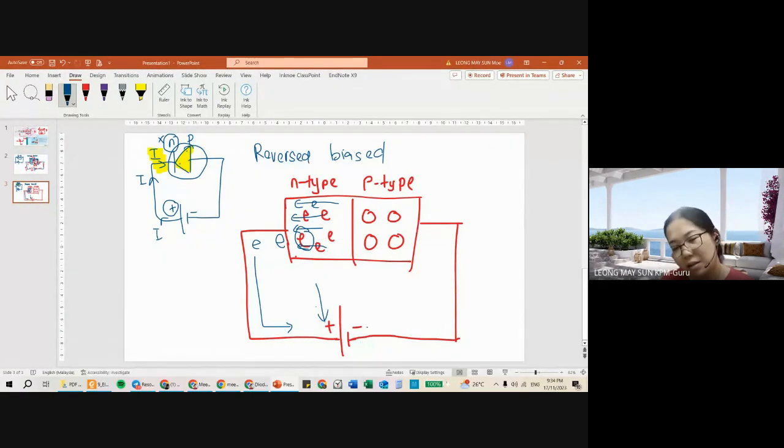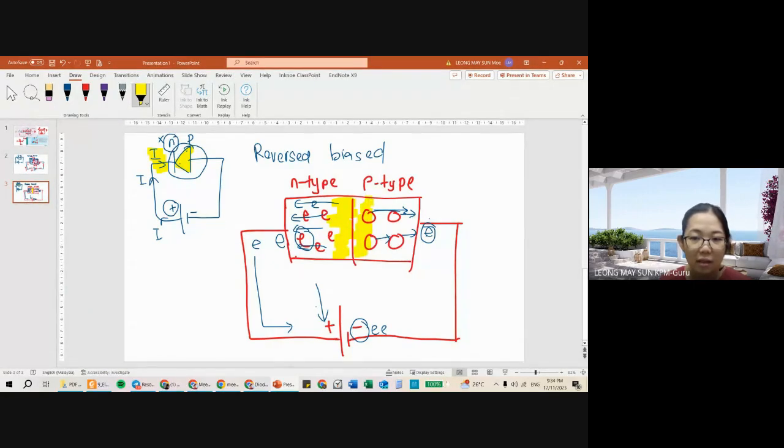And then the electrons from the negative terminal, when they reach here, these are all holes. The holes have a tendency to move towards the negative terminal, because they are attracted by the electrons here. So the holes are moving towards the negative terminal, and they have a boundary over here.